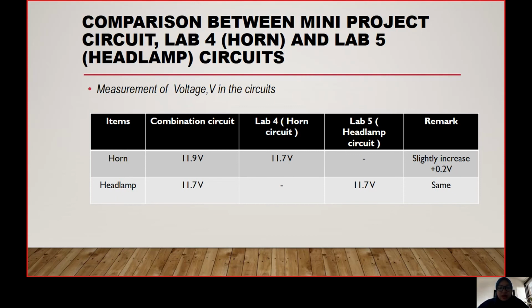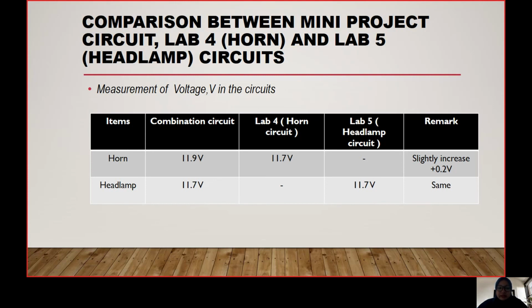And for lab 4, the horn voltage is equal to 11.7. So here we could see that when the horn is connected with the headlamp, the value is slightly increased compared to when the circuit is connected only with a horn without headlamp.